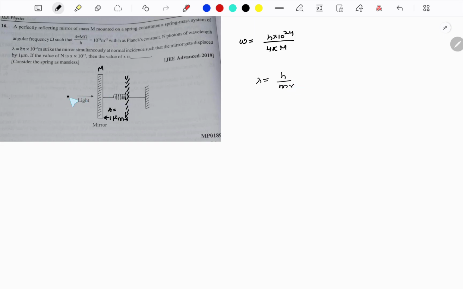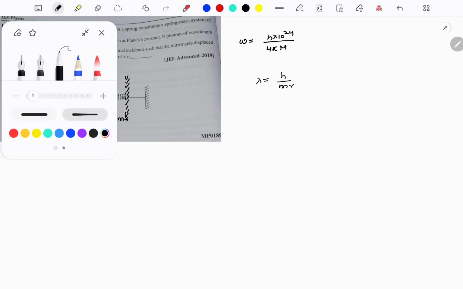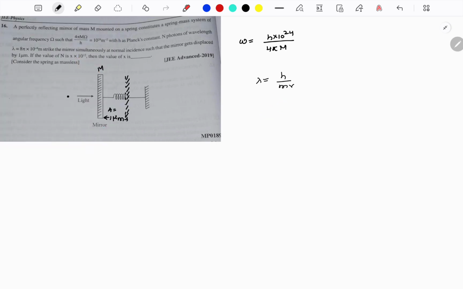So for n photons which are striking, mv will be h by lambda for each photon, just before the collision. So for n photons, the momentum will be nh by lambda.